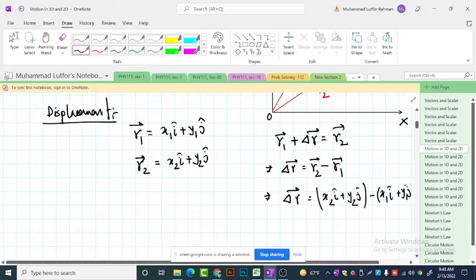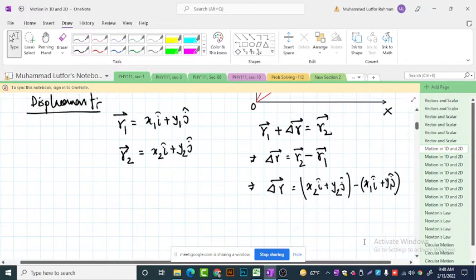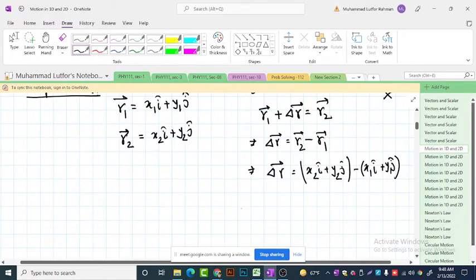Right? Then I'll separate this equation: x2 minus x1 i hat plus y2 minus y1 j hat.